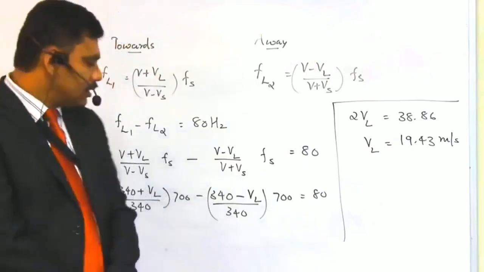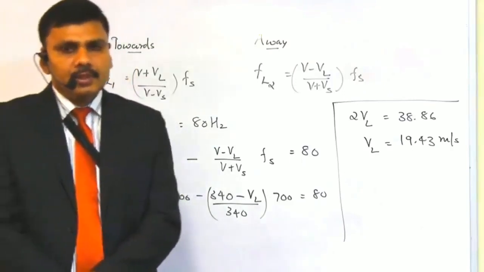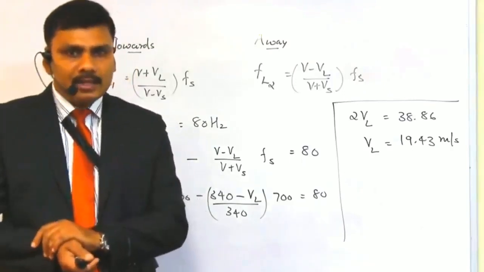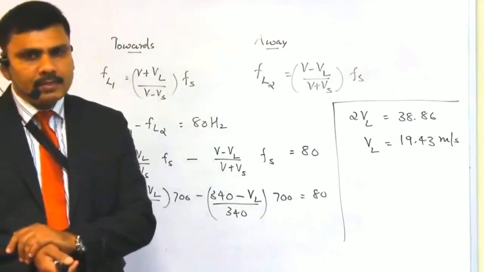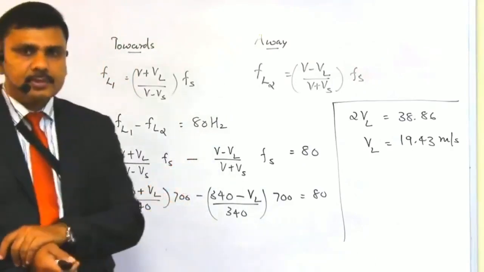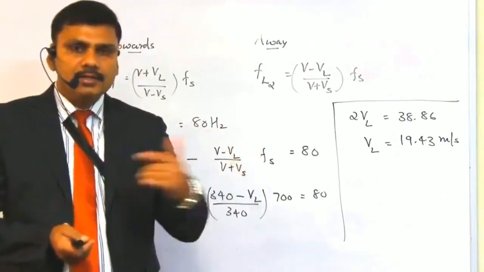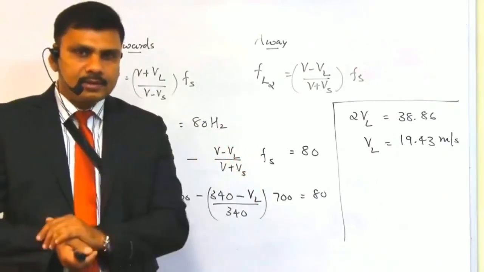In the second question, they are asking the speed of the car. The source of sound is the ambulance and it is producing a constant frequency of 700 Hz. So here the source is the ambulance and the listener is in the car.